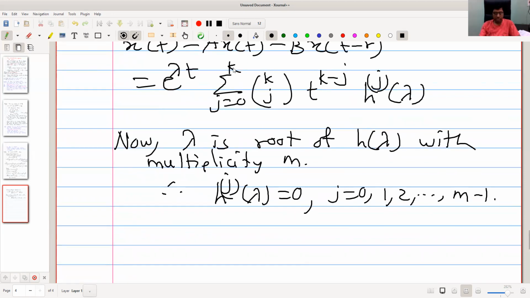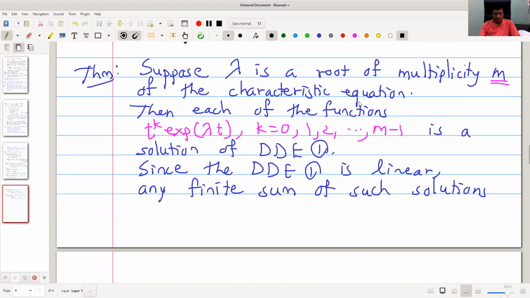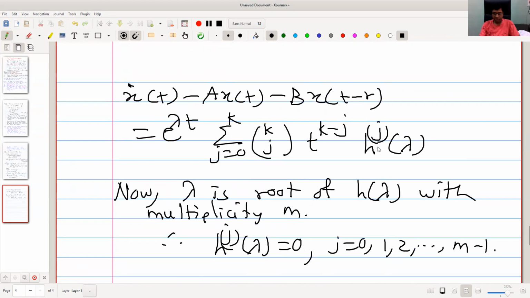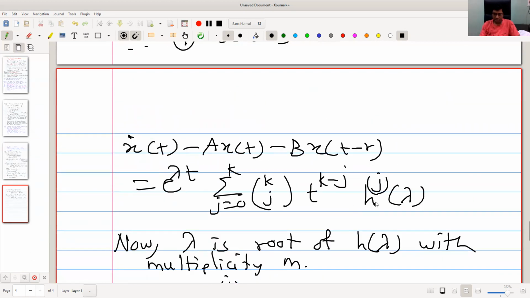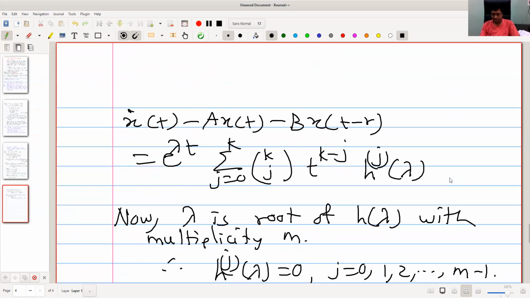Now note that this k is less than or equal to m minus 1. Here k is 0, 1 up to m minus 1. Okay, so we can say that h raised to j of lambda is 0 for all these j equal to 0 to k. So we may call this as phi, and so the right hand side of phi is 0.